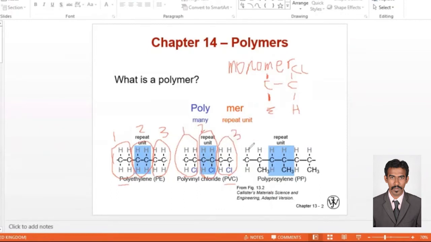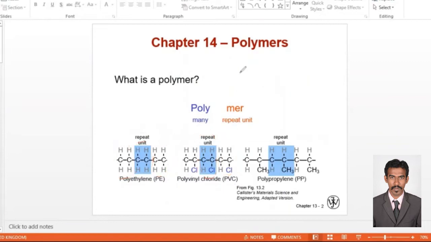For polyvinyl chloride, the formula is C2, 2 carbon, H3, 3 hydrogen, and 1 chlorine.